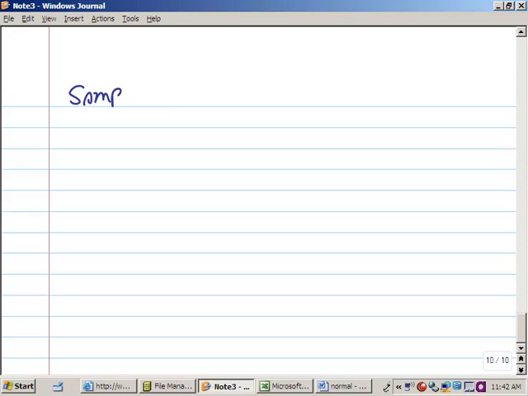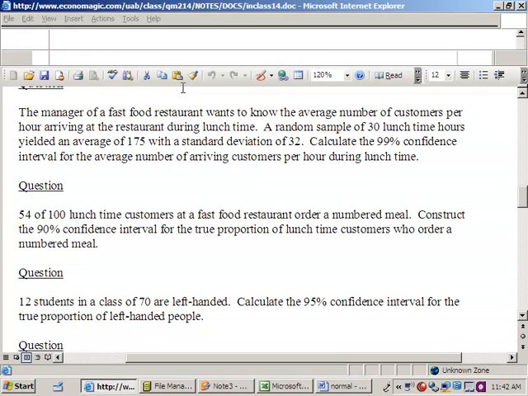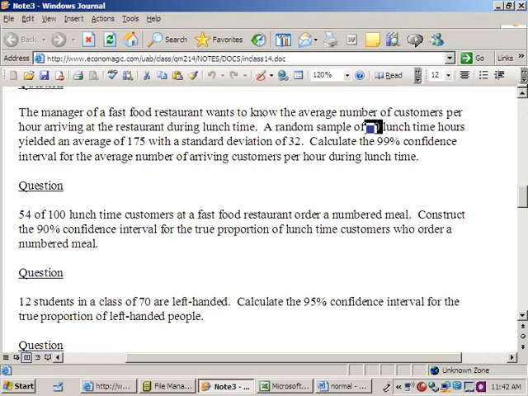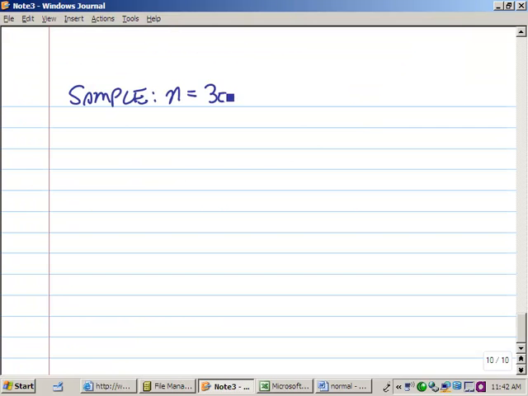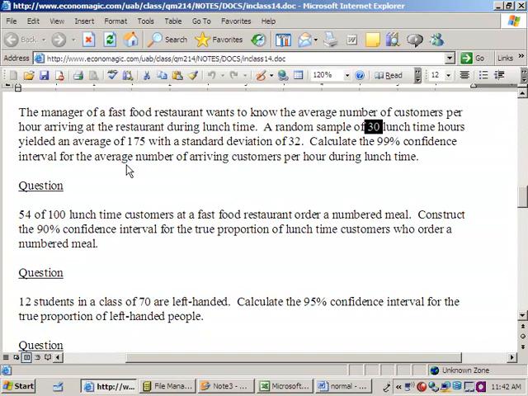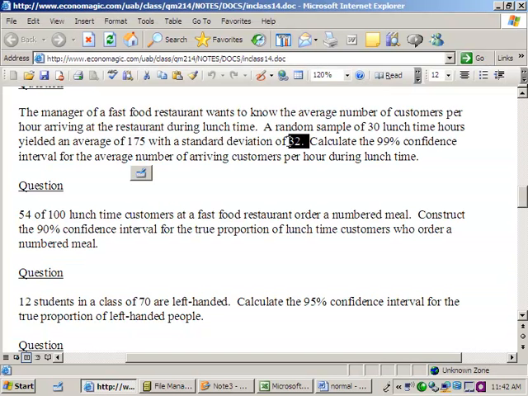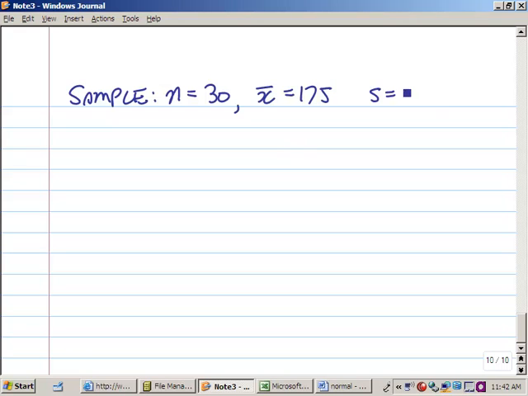Alright, sample size n: we had 30 lunchtime hours. Average 175, and standard deviation S of 32, and we're asked to calculate the 99% confidence interval.